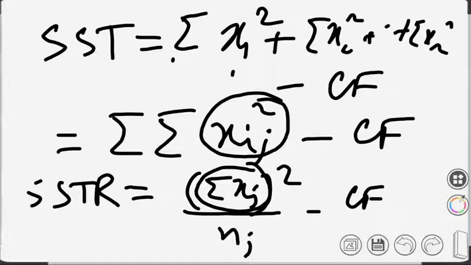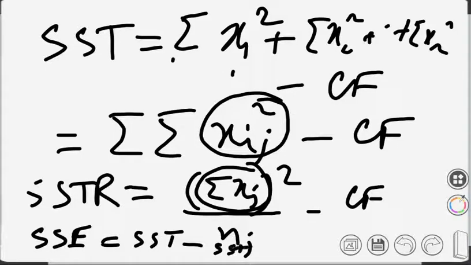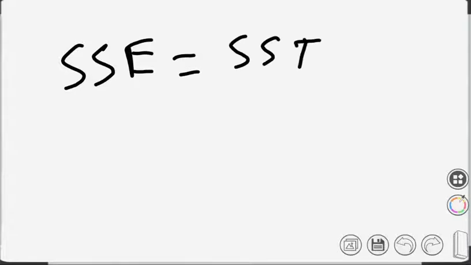And the final formula is SSE equals SST minus SSTR. I'm writing again: SSE equals SST minus SSTR. Another thing I would like to say: in different books the notations may be different, but they mean the same thing.